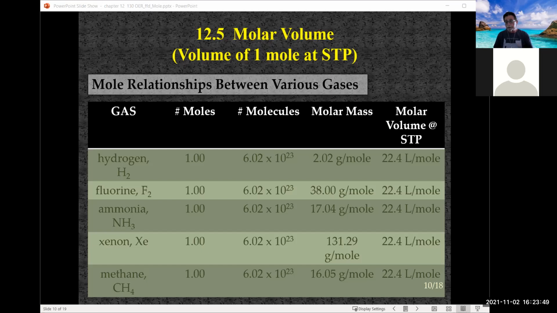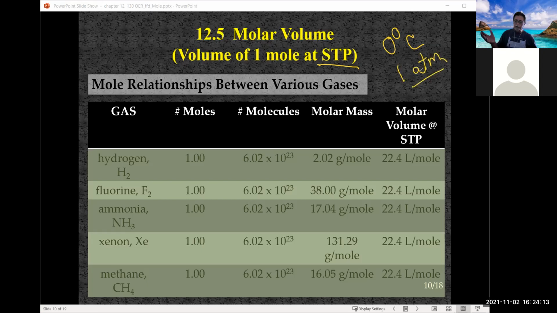And those conditions we call STP, which is standard temperature and pressure. The standard temperature is 0 degrees Celsius, the freezing point of water, okay? And the pressure is 1 atmosphere.